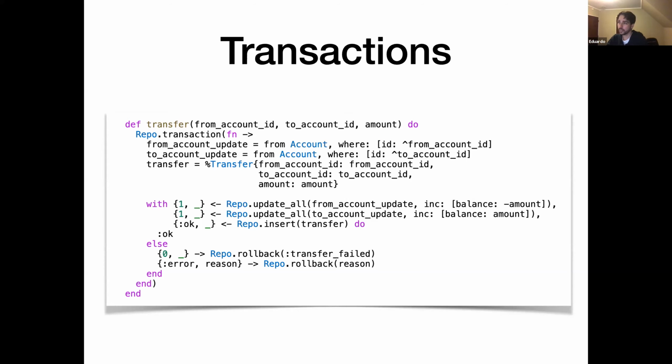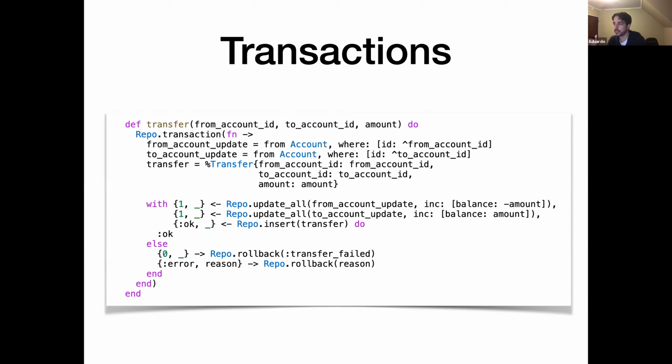And also I want to insert the transfer to register that the transfer happened, all at the same time. If everything goes fine with all these statements, then we return okay because everything went well. If something went wrong, for example a constraint, let's say I have a constraint that the balance cannot be negative, or something else like a unique value on my database, I will find out when I try to insert or update.